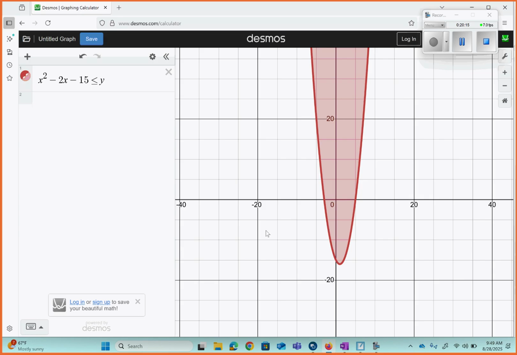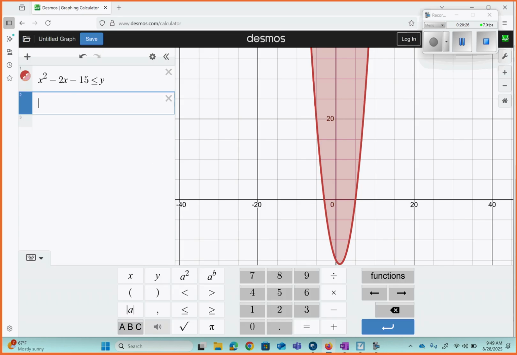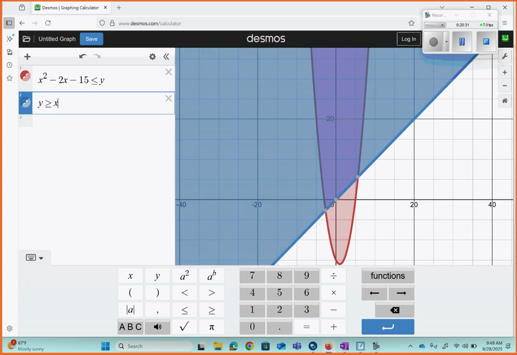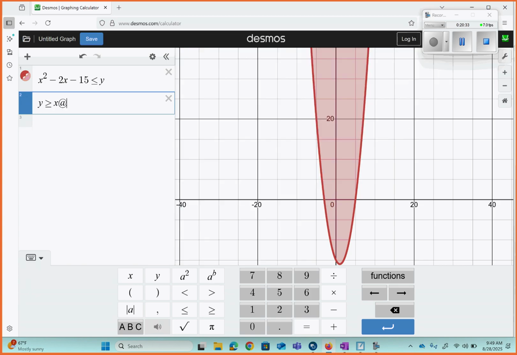Basically, if we type that in as it sits, I'm looking for where this would be below the x-axis. I'm going to flip this over and change this to y is greater than or equal to x squared minus 2x minus 15. It's going to give me the same one, which is great. I just flipped it over, just verifying that when you flip it over, it's going to come out the same.